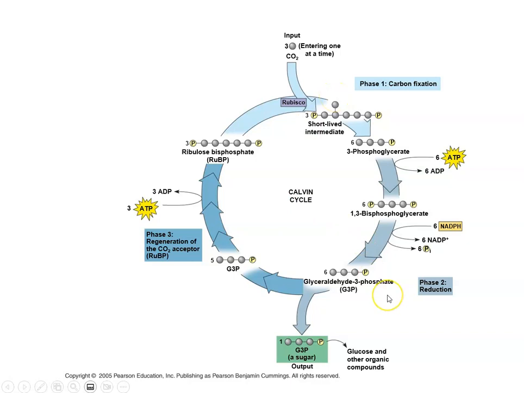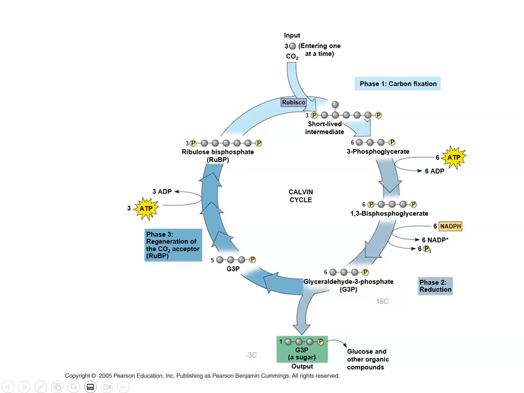Let's go back and count the carbons again and make sure we haven't lost any. At the end of reduction, there were 6 times 3 or 18 carbons, but we lost 3. They exited the cycle as a G3P. So that means we have 15 carbons remaining, and that works out here.